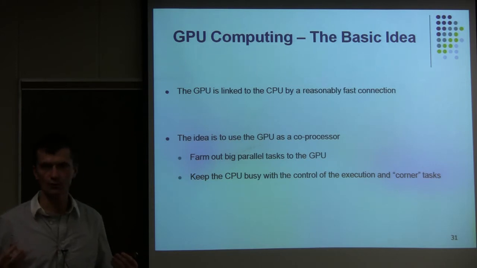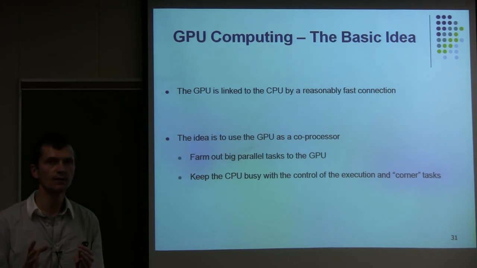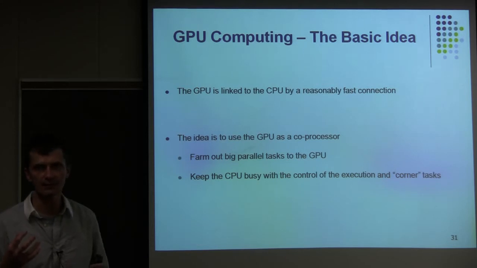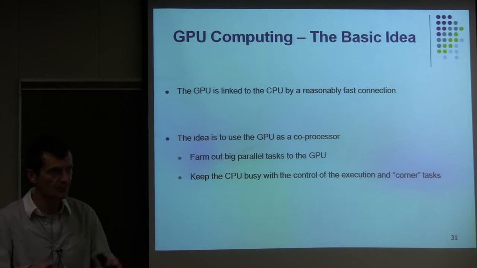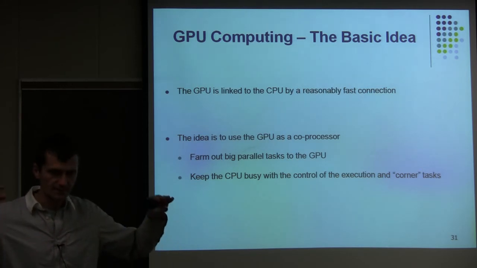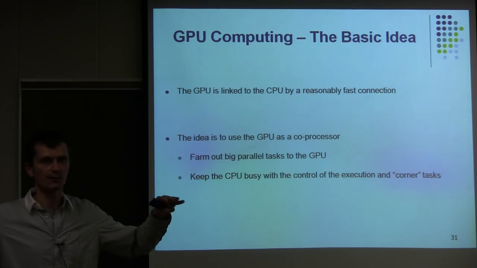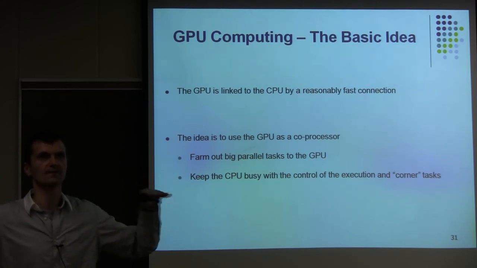Because what you can do on the GPU is a fairly small set of tasks that are very parallel in nature. So it's not the typical if then else, heterogeneous type of divergent computational paths. No, it's just like the same instruction executed by 240 cores at the same time.